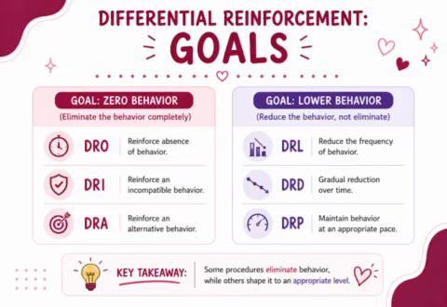And if you want to lower the frequency of how often the behavior is occurring, then we are going to use DRL, DRD, or DRP. The key takeaway is that these procedures depend on what your goal is. Some procedures are going to eliminate the behavior, whereas the others are just going to have it at an appropriate level.